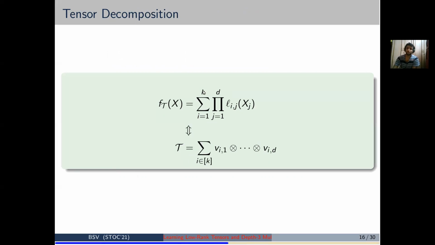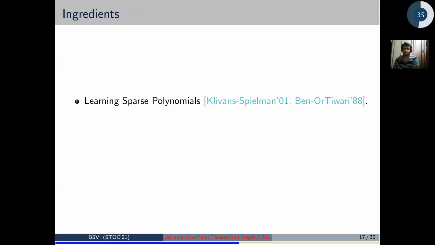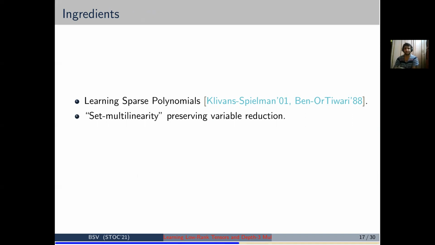Remember we have to learn this kind of disjoint circuit and the minimum representation. The minimum representation here with respect to the top gate will correspond to the rank of the tensor. So again, the ingredients we need are learning sparse polynomials, multilinearity-preserving variable reduction, and solving systems on constantly many variables.